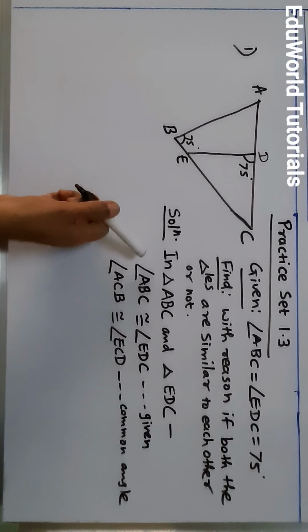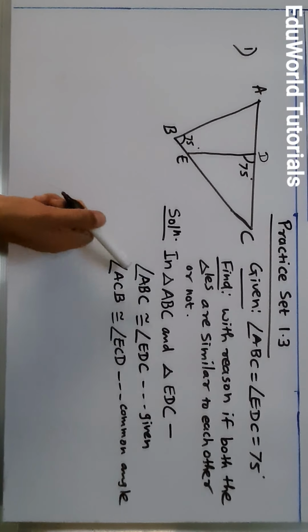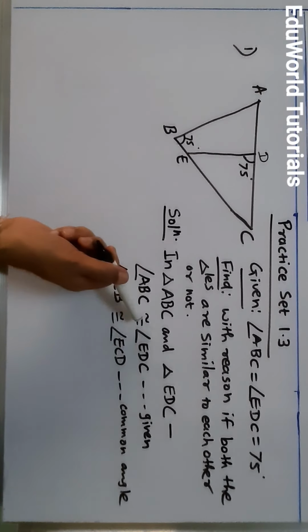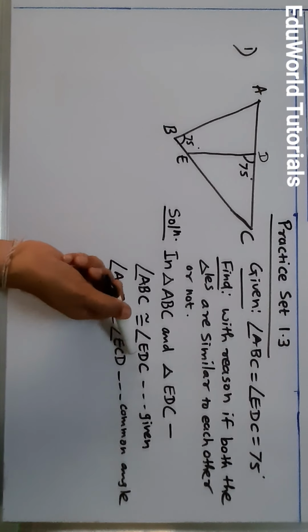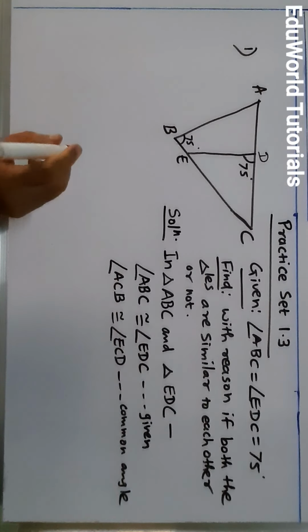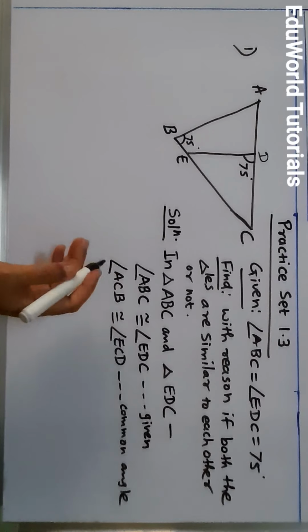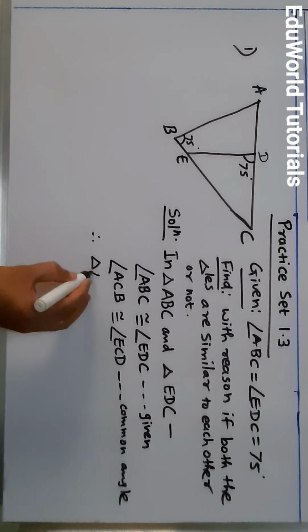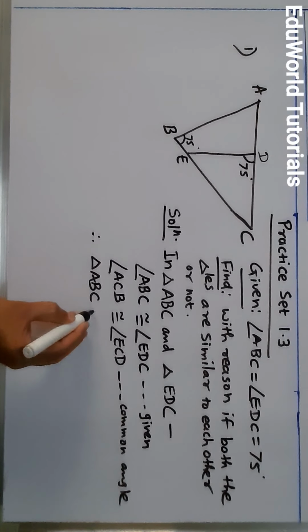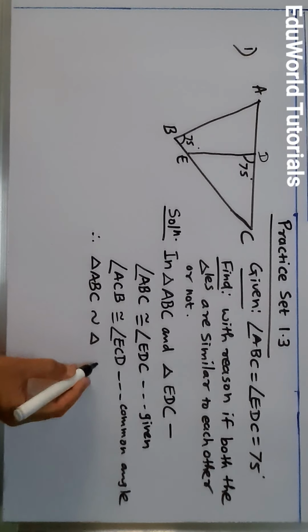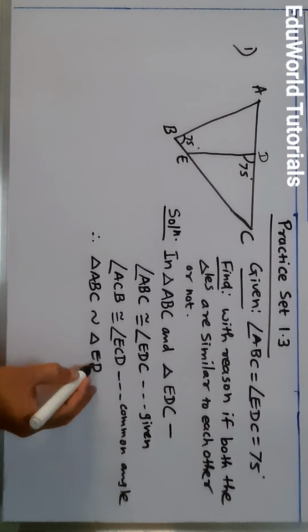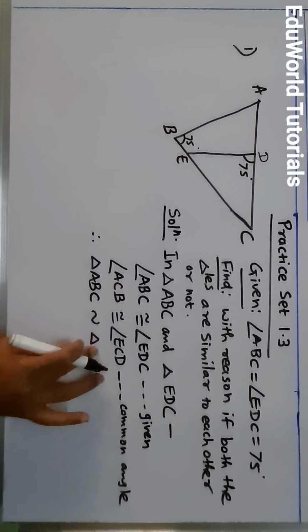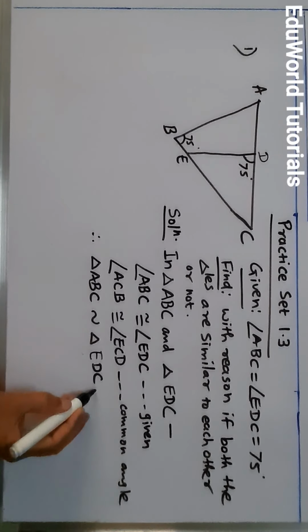Now what do I have? I have two angles of triangle ABC congruent with two angles of the other triangle. That means, just as we studied, the test of similarity. So triangle ABC will be similar to triangle EDC by which test? By which test? The test will be the angle test.